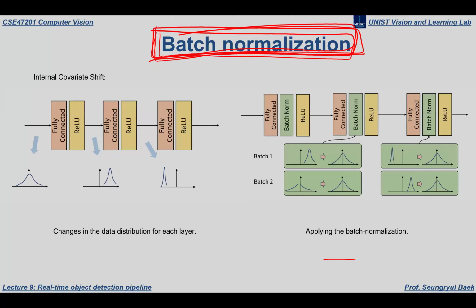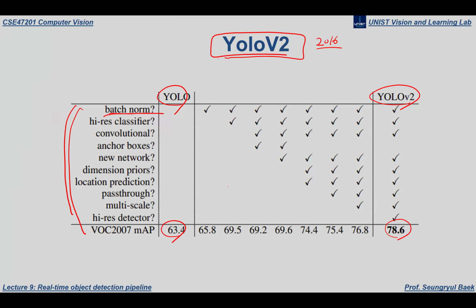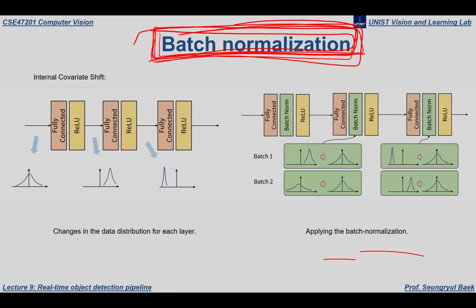But YOLO version 2 tried to involve batch normalization in their architecture as well, and reported that their accuracy for object detection is also improved thanks to it. Using batch normalization, they report that their mAP, the precision, is slightly improved. And I will explain what this batch normalization is.